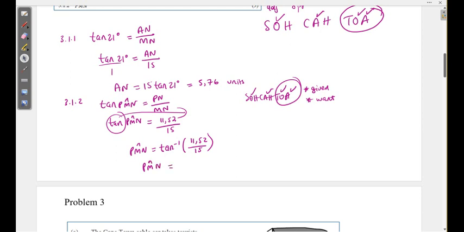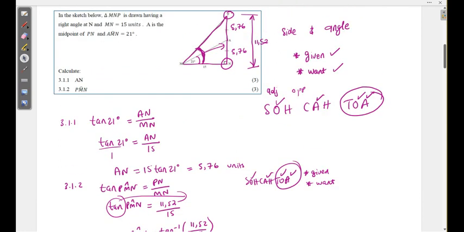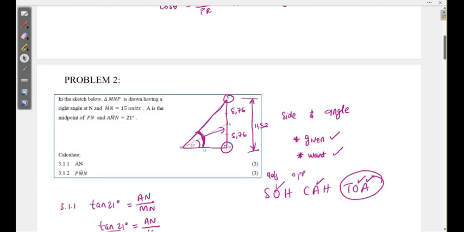You put that in your calculator, you say shift, and then you press tan, and then you say 11.52 divided by 15. You close your bracket, and then you will get 37.52 degrees, because it's an angle, right? You put degrees there.